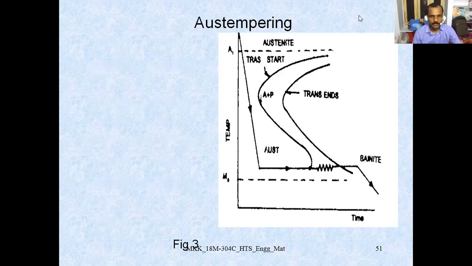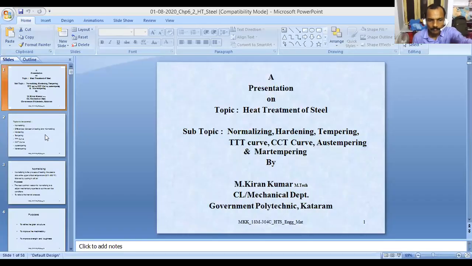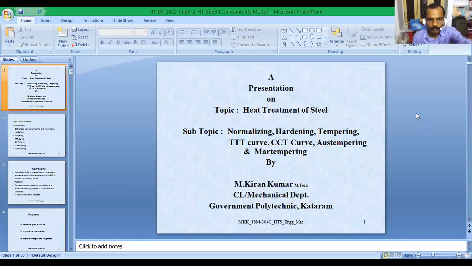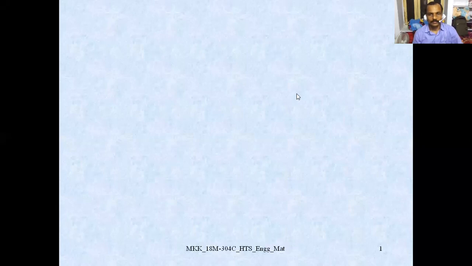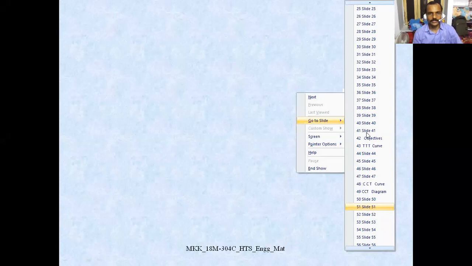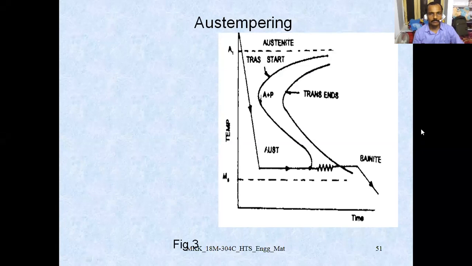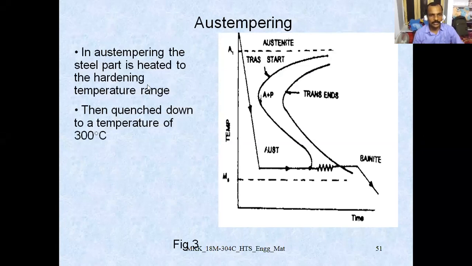Now let us move to the austempering process. So here we are discussing the austempering process. In the austempering process, the steel part is heated to the hardening temperature range.